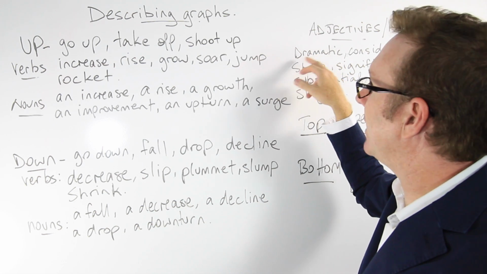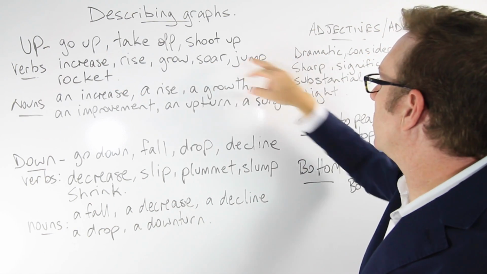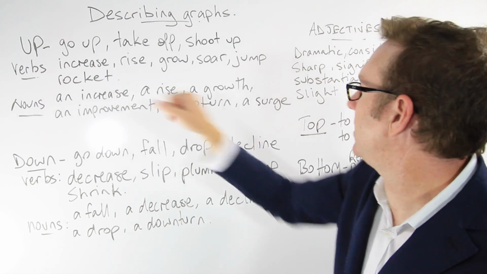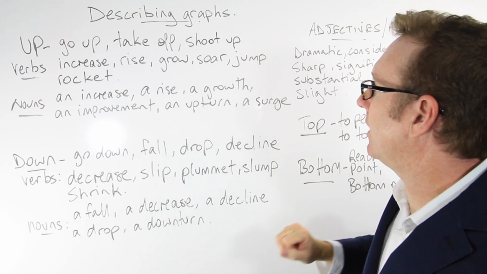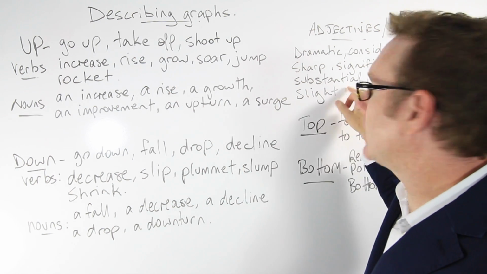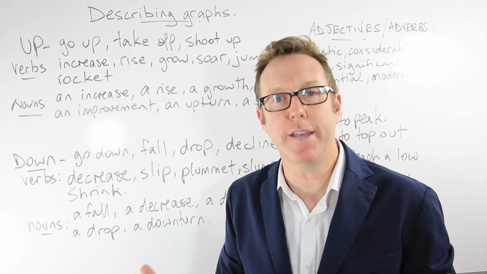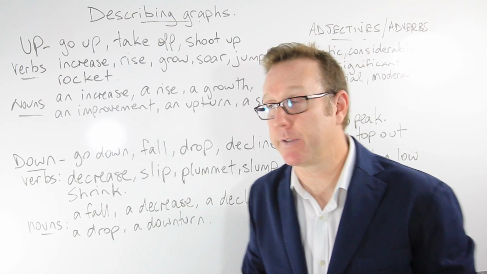So it dramatically went up. It shot up considerably. It increased sharply. It rose significantly. It grew substantially, etc., etc. So these are the words that we use when we are talking about graphs.